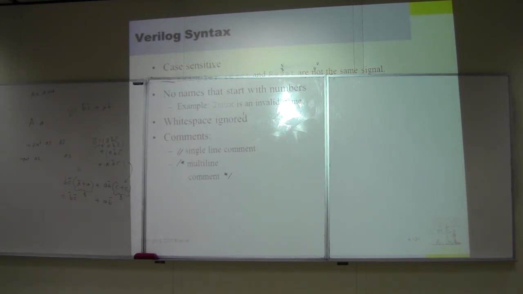And white space is ignored. Actually in most, if not all programming languages, white space is ignored. They don't care. Comments are different in different languages. Java and C, they use this thing. Also in Java, same: double slash is a single line comment, and this is for multiple lines.